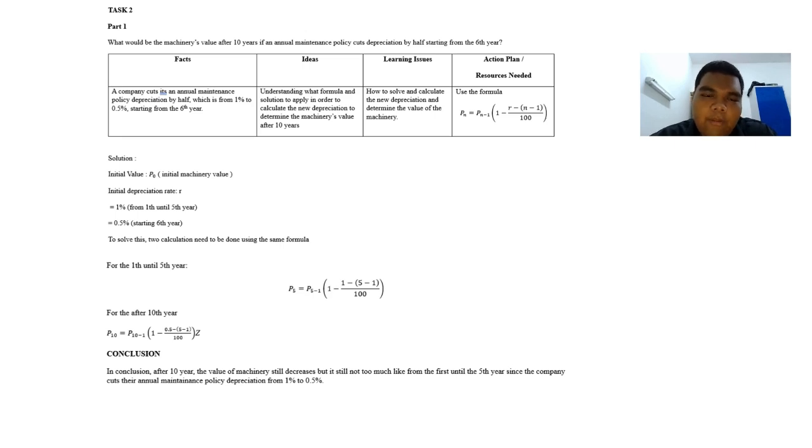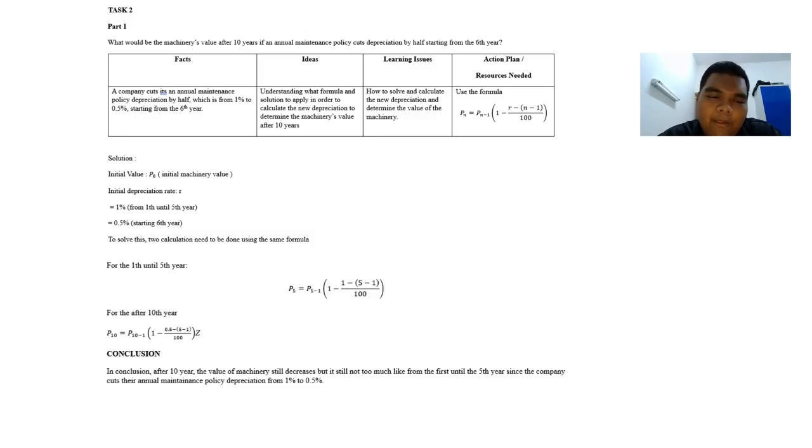For the solution, the first thing is we need to know the initial value. In this question they didn't provide the initial value, so we don't know the exact value of this machinery. So we will set the initial value as P0, the initial machinery value. For the depreciation rate, R, we have two rates.